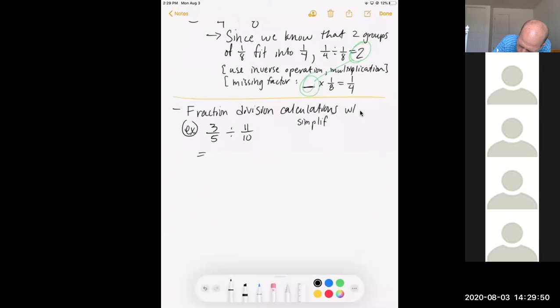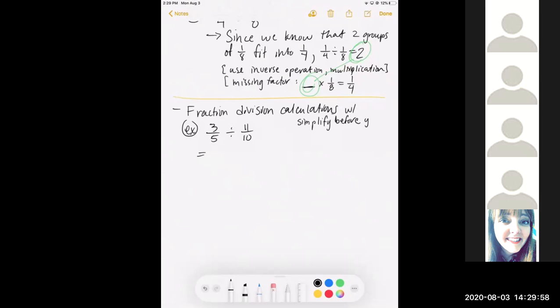We have to multiply by the reciprocal. Okay, what do you think? Let's ask Kenna. Is that right? I'm sorry, I'm a few steps behind. Okay. So anybody else? Let's see.